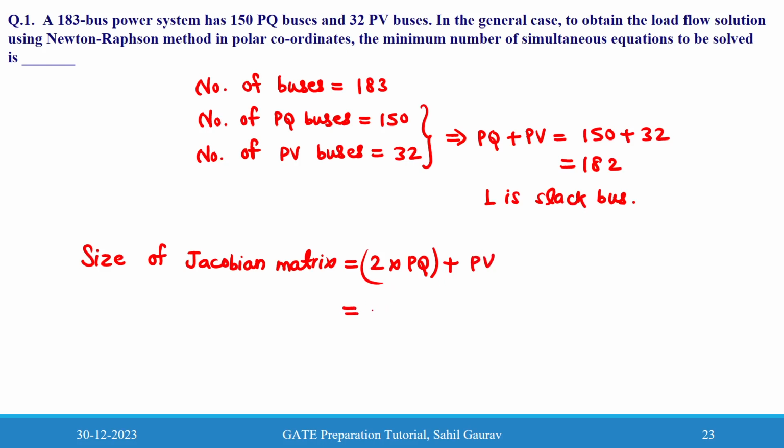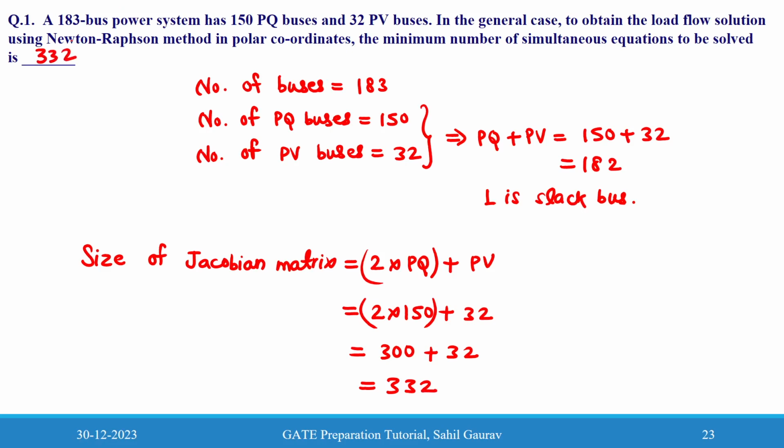So PQ is 150 plus PV is 32. So it is 300 plus 32. So it is coming as 332. So that is the minimum number of simultaneous equations you have to solve, which is 332.